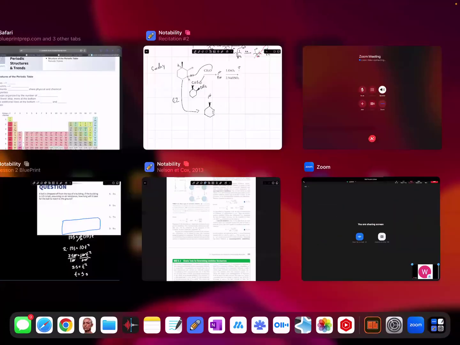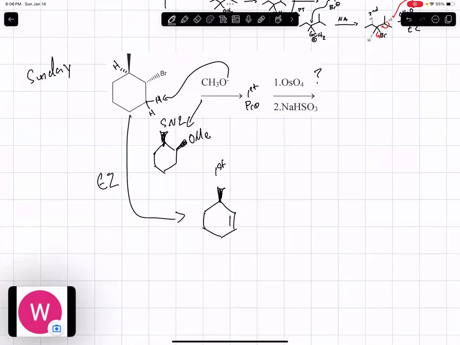No? Not sure? It's chapter 8, alkene reactions. If you don't know, it's fine. It's essentially a diol. You're adding two OHs syn, or on the same side.